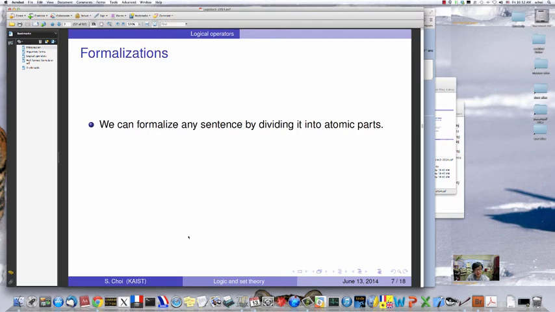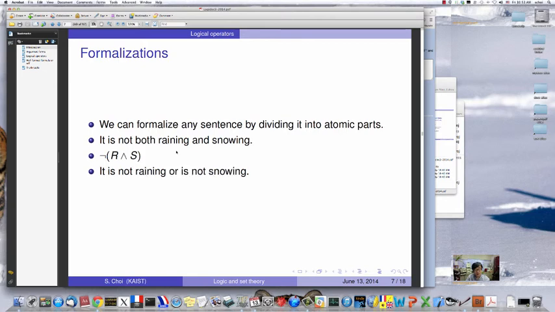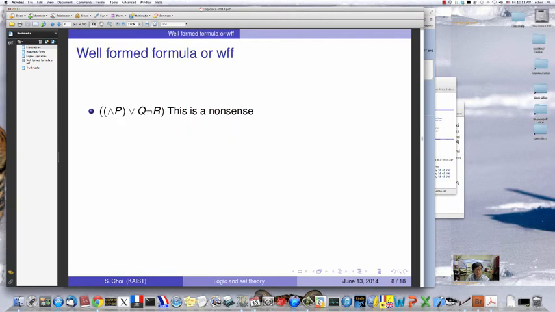So formalization: you can formalize any sentence by dividing it into atomic parts. So, it's not both raining and snowing. If R represents it's raining, and S represents it's snowing, then this will represent this sentence. It's not raining or it is not snowing. You can write it in this way.